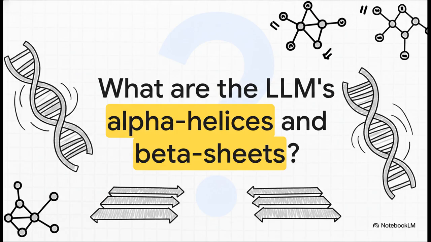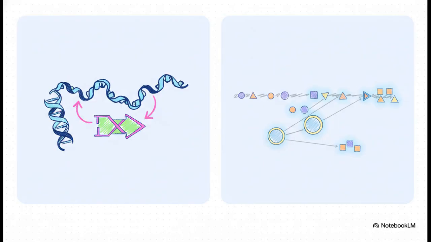So, what does that look like inside an LLM? The answer? Attention heads. They behave just like those biological structures. They're not reasoning or understanding anything. They are simply local pattern stabilizers. Each attention head is just enforcing some little grammatical or semantic rule, a connection between two words, and that reduces the chaos just enough to start building something bigger.